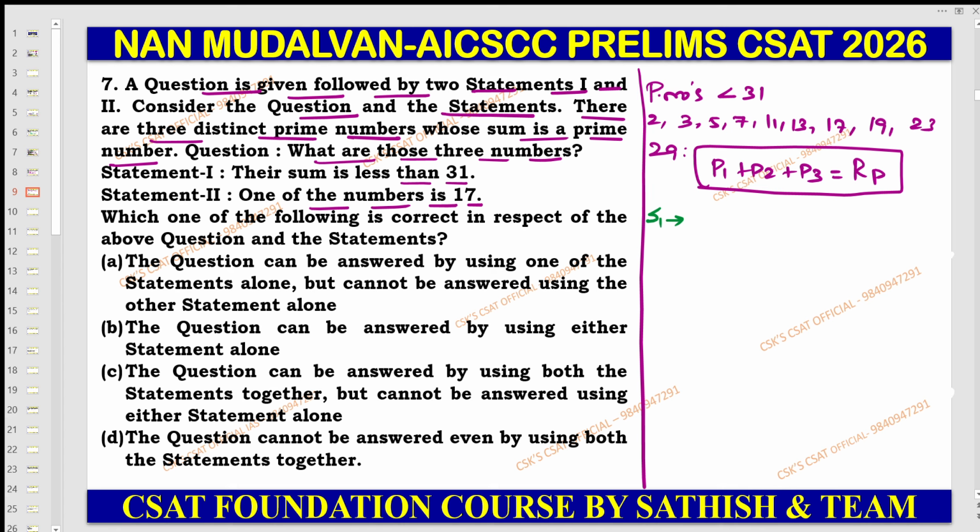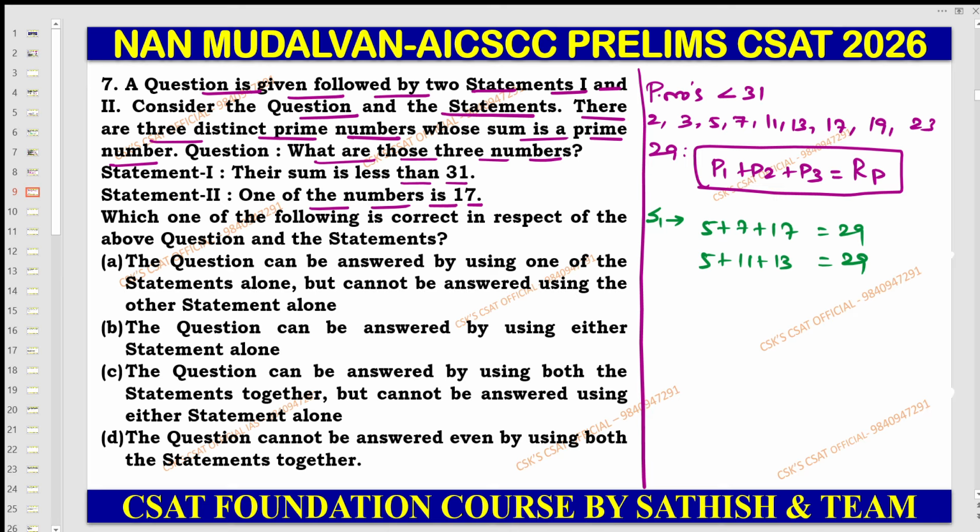Here, less than 31, so therefore up to 29. Let's see whether three prime numbers added give you 29. 5, 7, 17. Does 5, 7, 17 alone give you that? No. 5, 11, 13 also gives it.